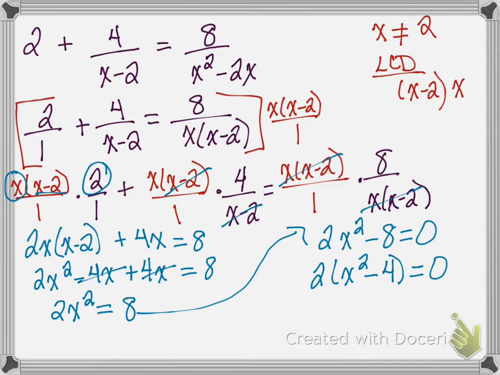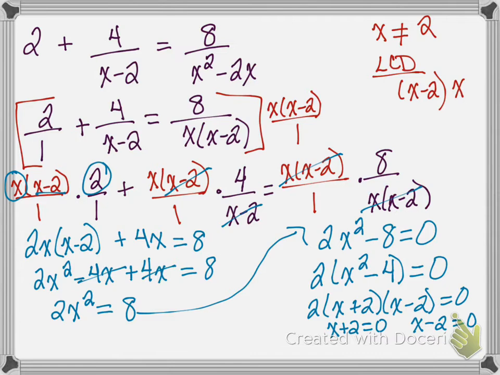X squared minus 4, what is that? Excellent, it's difference of perfect squares. Okay, so now when I set each one of those equal to 0, I get x plus 2 equals 0, x minus 2 equals 0. I have x equals negative 2 and x equals positive 2.